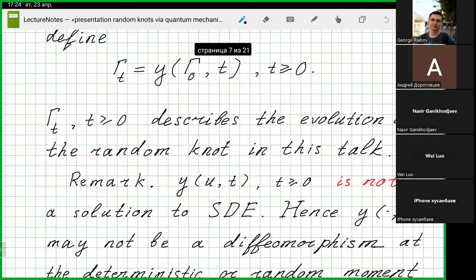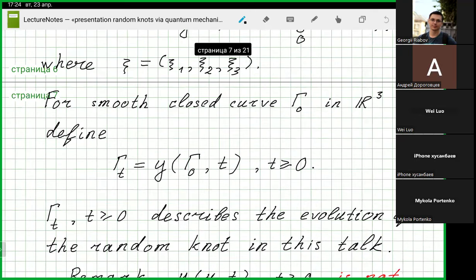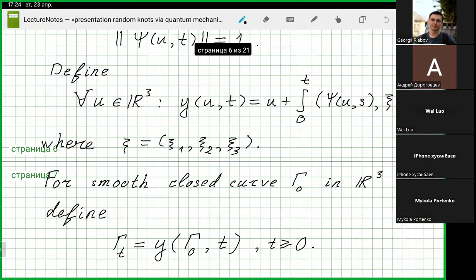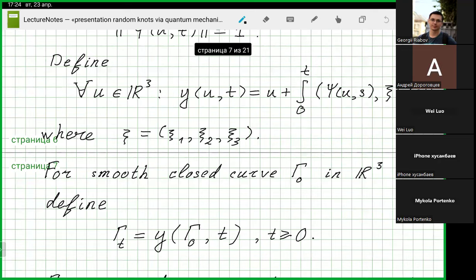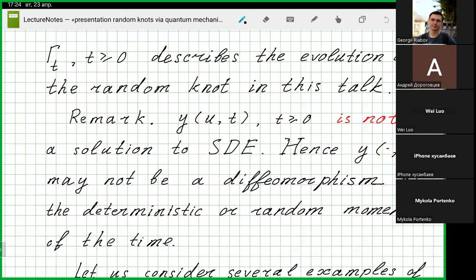One remark, which is very important. This process Y(u,t), let us look again at its definition, here it is, is not a solution to a stochastic differential equation. You see, in the right-hand side, there is no Y. Why? I choose the following Y, Y small, because Y small may not be a diffeomorphism.